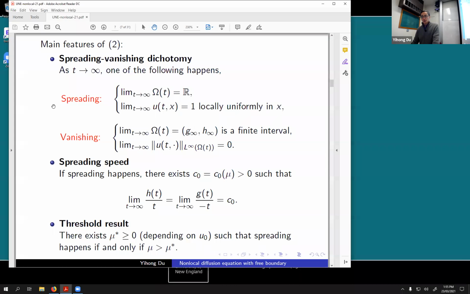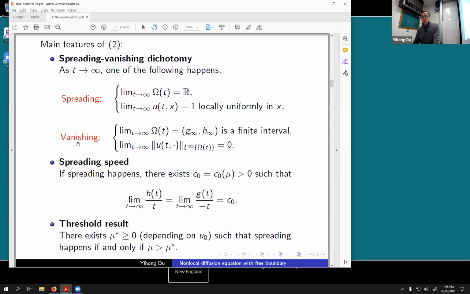And also when spreading happens, again, we can determine the spreading speed, though the speed c0 depends on our parameter mu and is different from the c star arising from the classical model. In a moment, I'll explain their relationship.